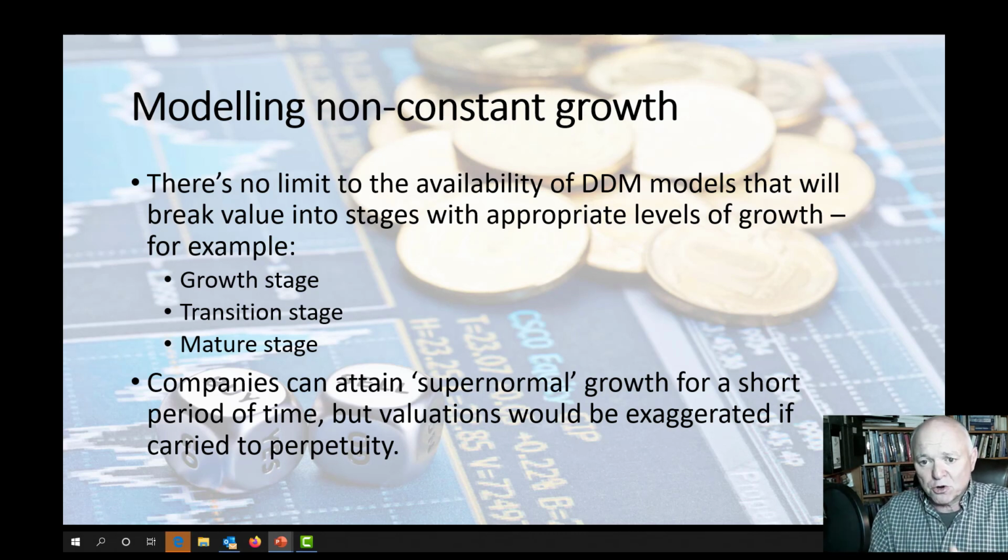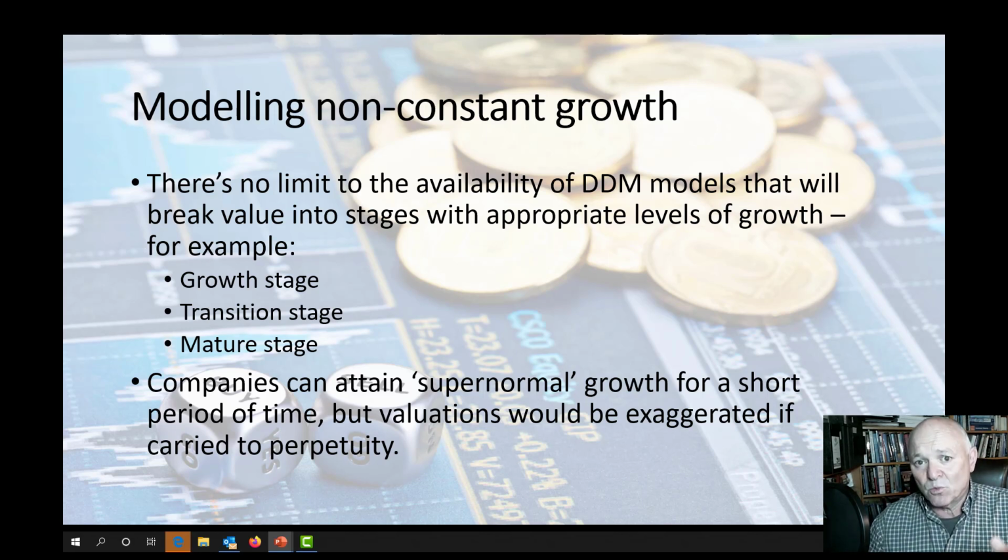We could have different rates of growth in each of the periods up to the horizon, but from the horizon to perpetuity, we use a terminal growth rate, because you don't expect companies to grow at a really high rate forever. Ultimately, those companies would become the entire economy if there's not some point at which they start to normalize their growth.